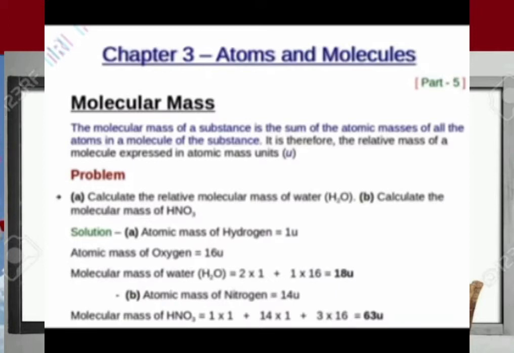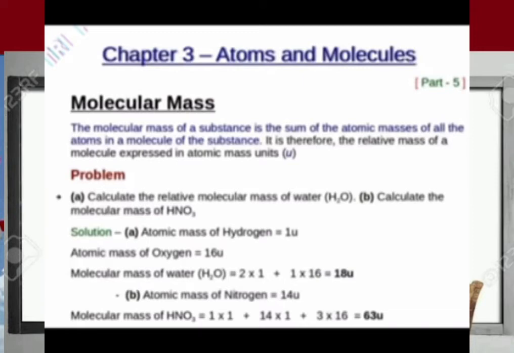Let's find out what molecular mass is with a problem. We have two problems: to calculate the relative molecular masses of water and HNO3. The first one, the molecular mass of water. We know that hydrogen and oxygen combine together to form water.